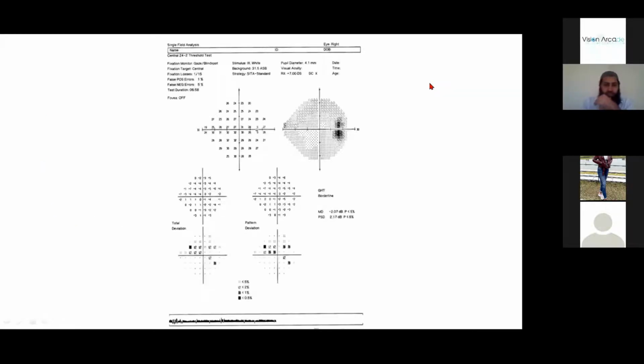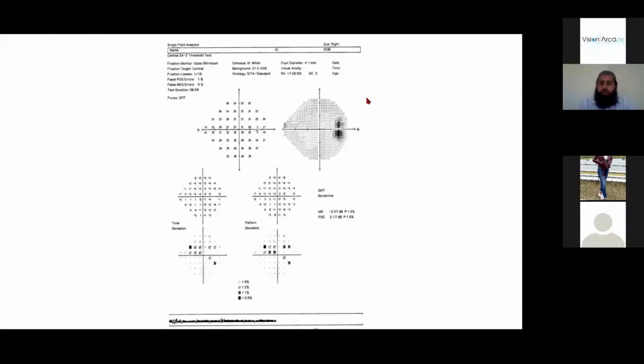Right. So, for example, this is the field plot that you get, and how do I go through this? In this printout, I can see that we've got the right eye that was performed.